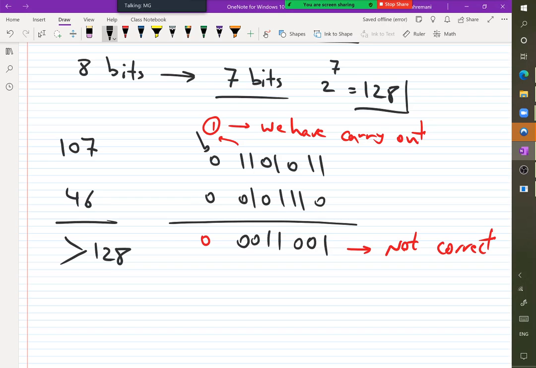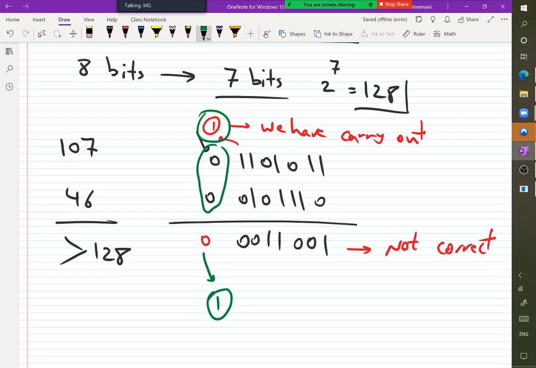So you may ask why we don't apply this carryout to these two bits and change this bit to 1. There is a big problem here because the leftmost bit is not supposed to be used for magnitude.